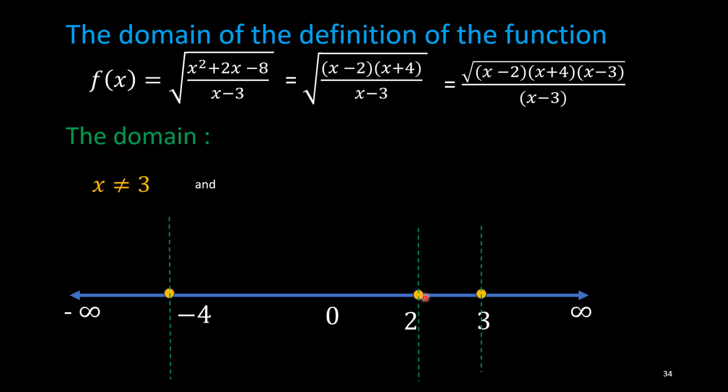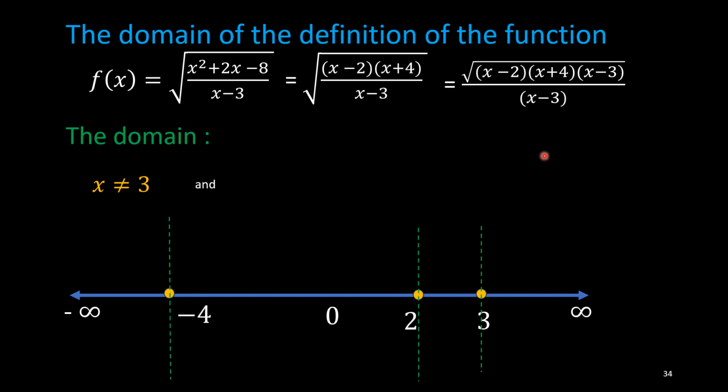So I will have 3 dots here, x equal to minus 4 for this one, x equal to 2 for this one, and x equal to 3 for this one. So 0 is just included here, it is not a solution for anything. Okay, so I have got these 4 regions. One is 3 to infinity, another one is 2 to 3, another is minus 4 to 2, and the last is minus infinity to minus 4.